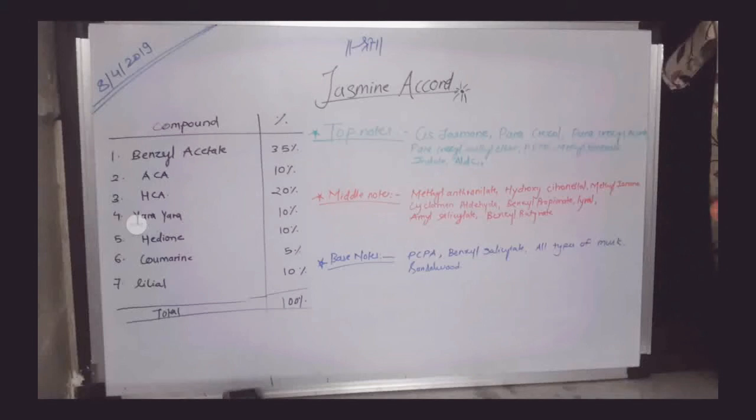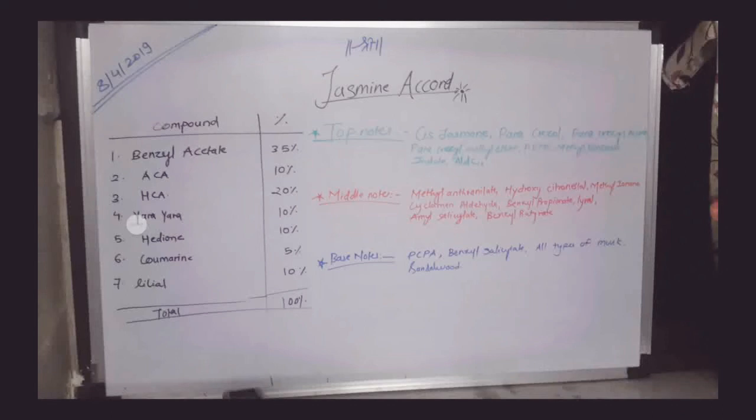It can remain for 8 hours, 12 hours and so on. According to that we have to select all these notes. In the top note, you can see we have selected jasmine, indolic, animalic and phenolic characters.